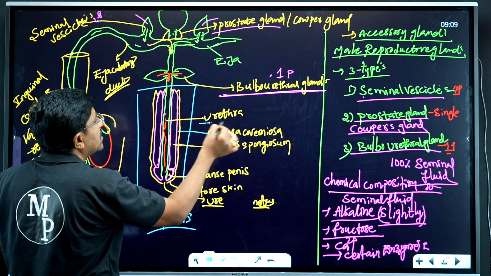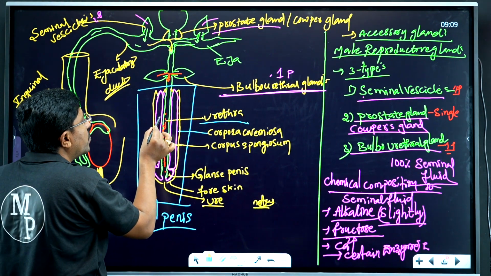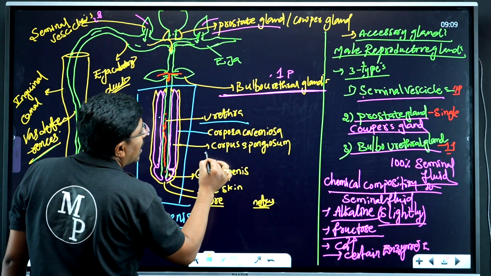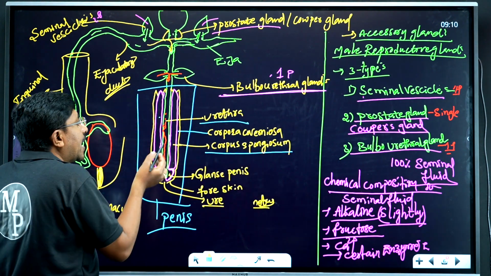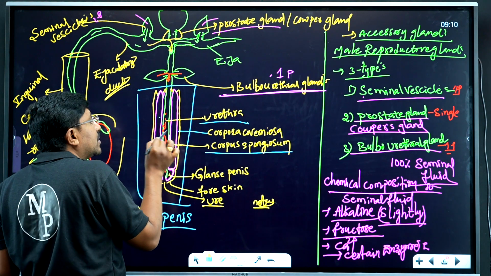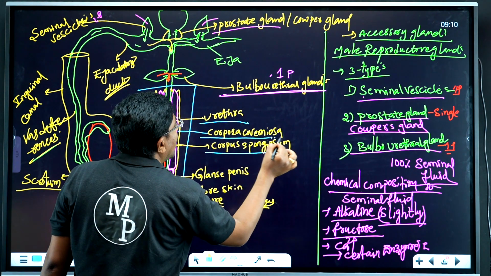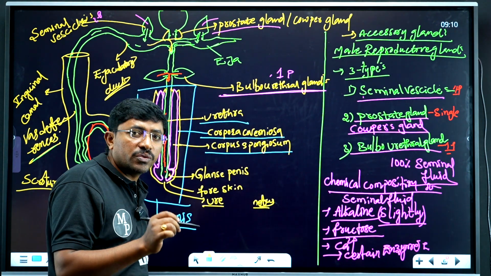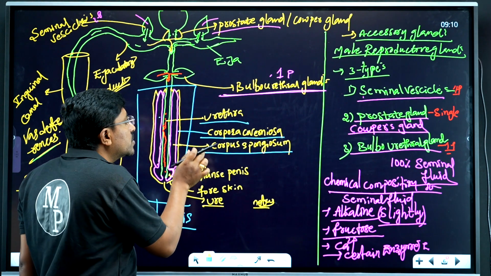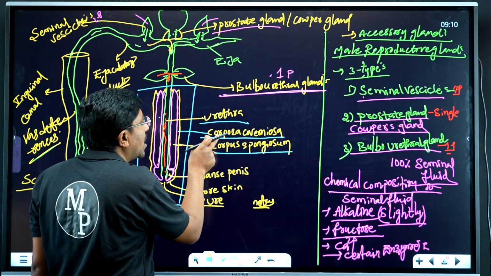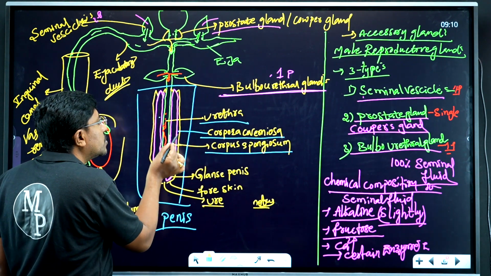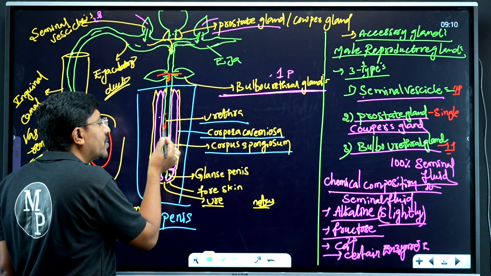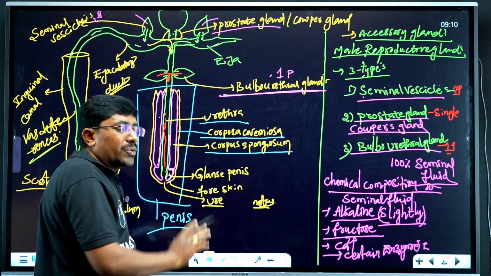Surrounding the urethra, corpus spongiosum tissue is present, and below this urethra, corpora cavernosa connective tissue is present. So these two types of tissues are present surrounding the urethra.